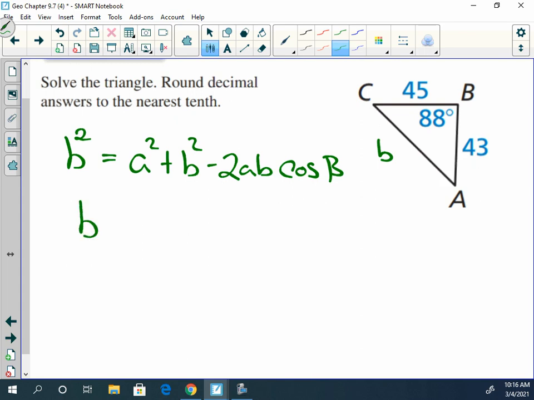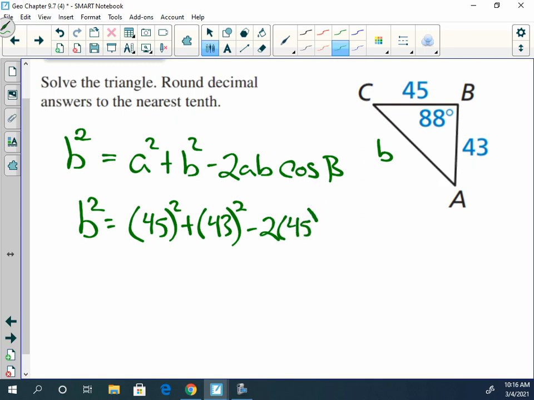So we would have that B squared is equal to 45 squared plus 43 squared minus 2 times 45 times 43 cosine of 88.